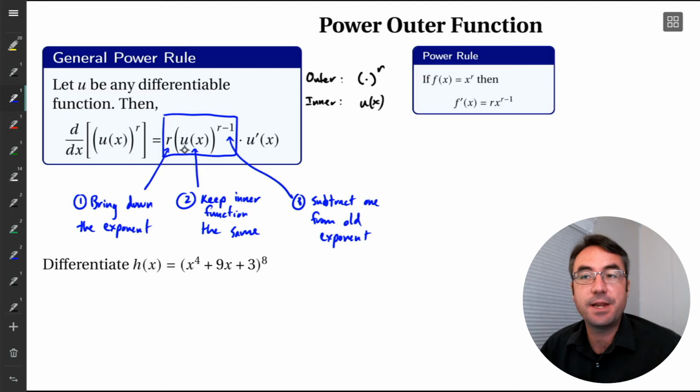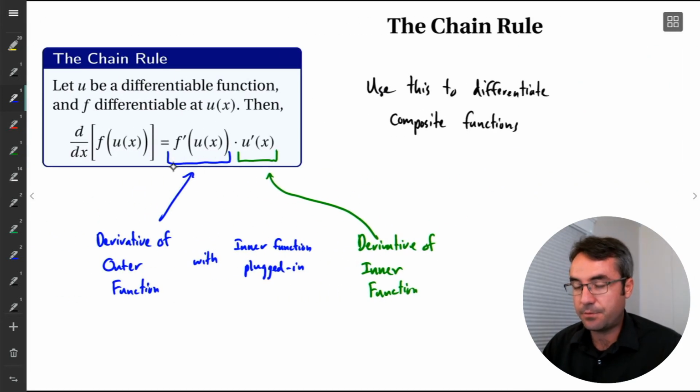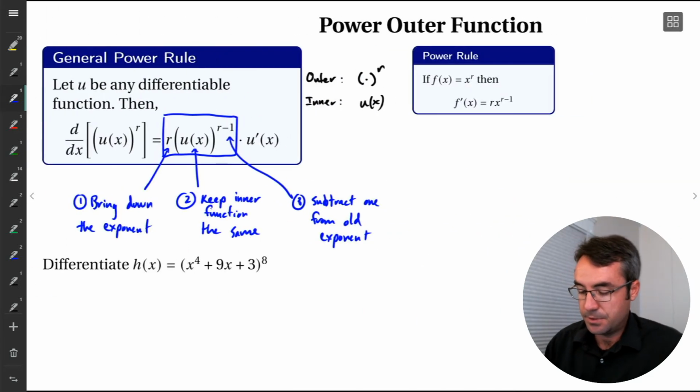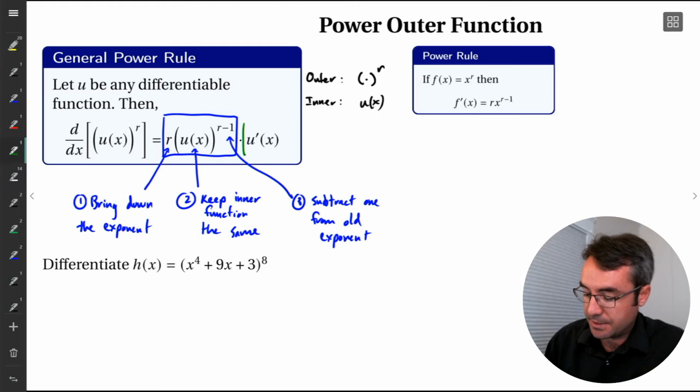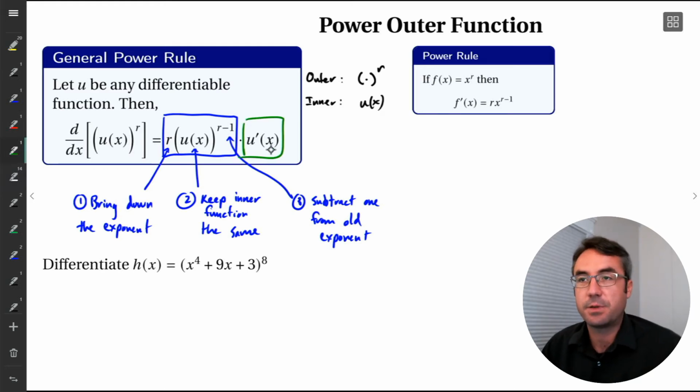But with chain rule, once we've differentiated our outer function and kept our inner function the same, we need to multiply that result by the derivative of the inner function. That's what we're seeing next, right over here.